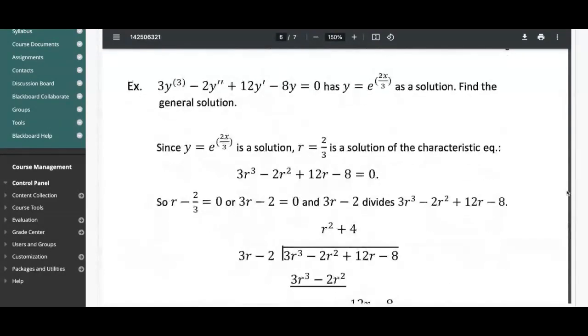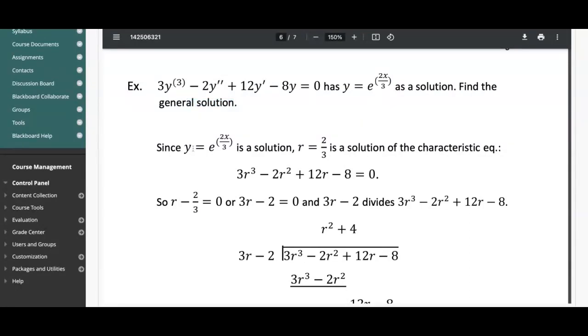All right, let's see this example. Third order differential equation, homogeneous, and it has this one as a particular solution. So this r equals 2/3, you can think of as r1. r1 equals 2/3, and find the general solution.